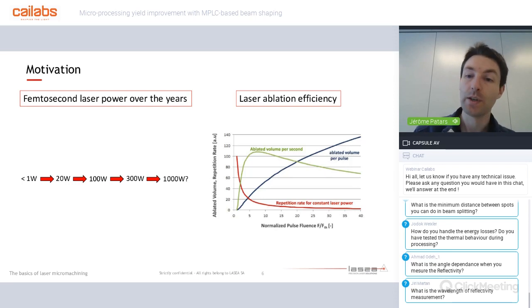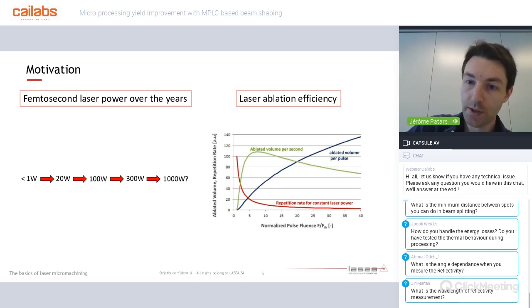From the earlier years of femtosecond laser process technology, only 1 watt output at maximum was available, but rapidly we saw something which is a standard now, the 20 watt output laser sources as an industrial solution on the market for lasers.